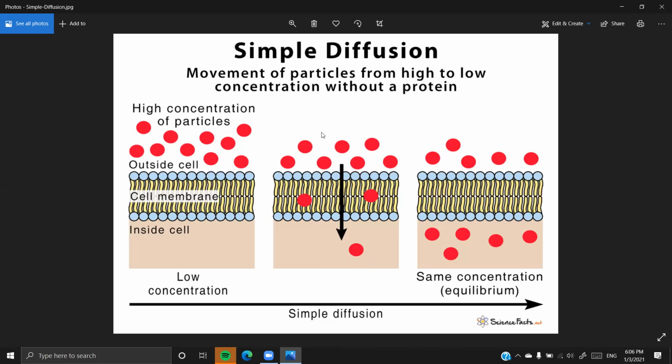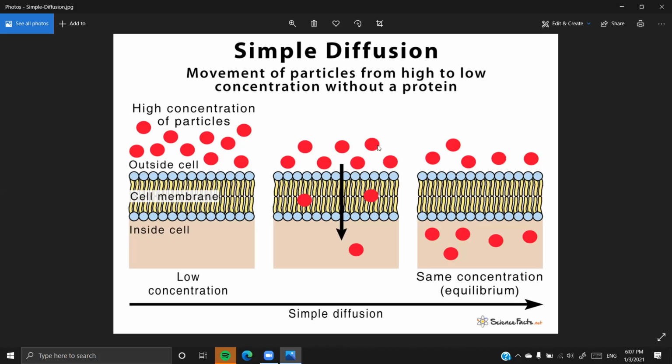So because of the kinetic energy of these molecules, they are going to move from the higher concentration towards the lower concentration until they build up an equilibrium, that is maintaining the same concentrations outside as well as inside the cell membrane. Okay, so they are now in an equilibrium.